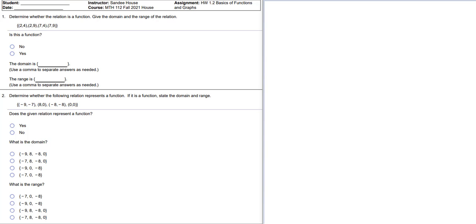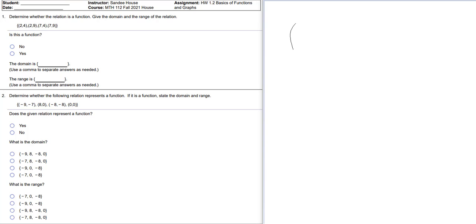The most important thing to remember here is that if a set of ordered pairs or a graph or a table or any of the representations of a function that exist show input and output, the input can have exactly one output.